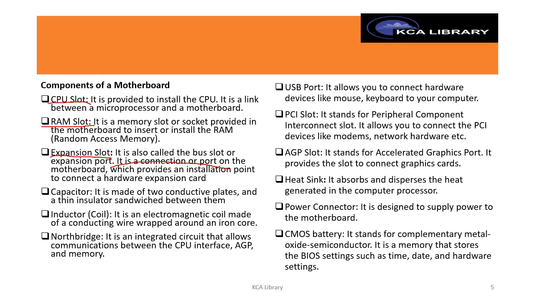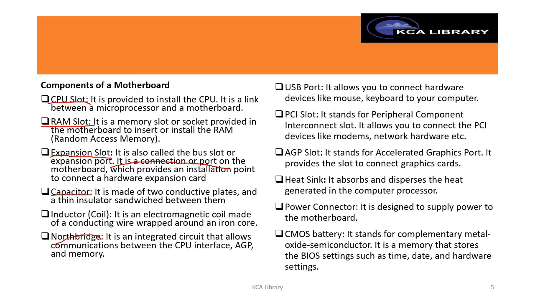We also have the capacitor, which is related to power. We also have the inductor, which is also related to power. We have the North Bridge. It is an integrated circuit that allows communication between the CPU interface and the accelerated graphics port.